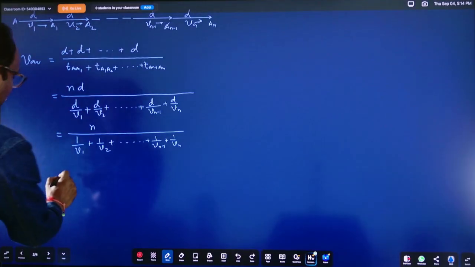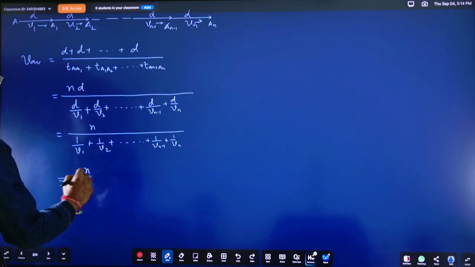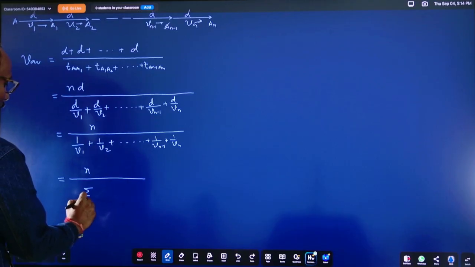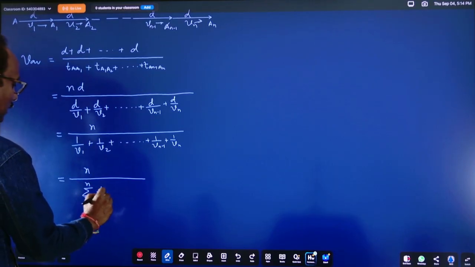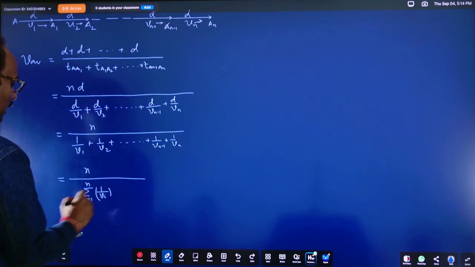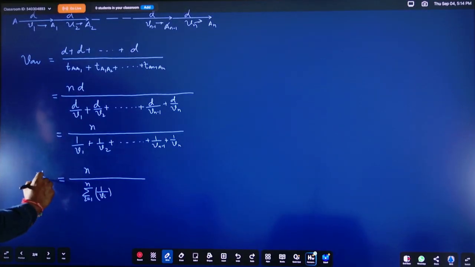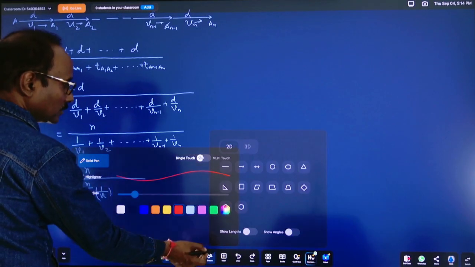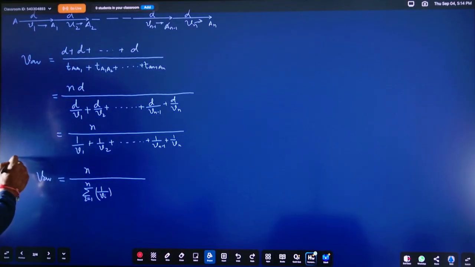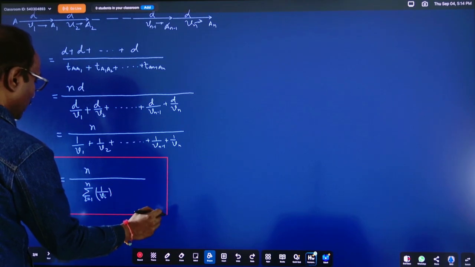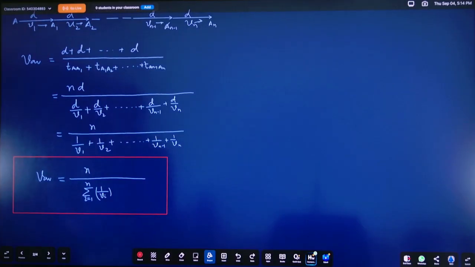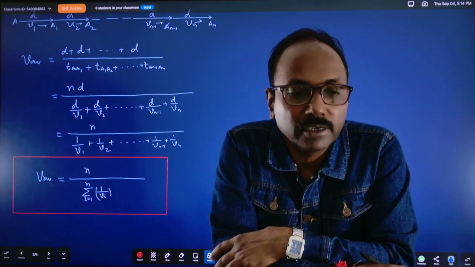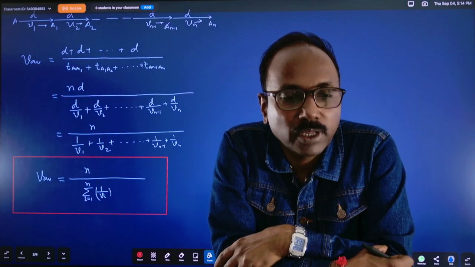In mathematical terms we can write it like n divided by summation of i equal to 1 to n of 1 by vi. This is another important equation for you to handle the problem where such kind of condition will be given. It will save you a lot of time.